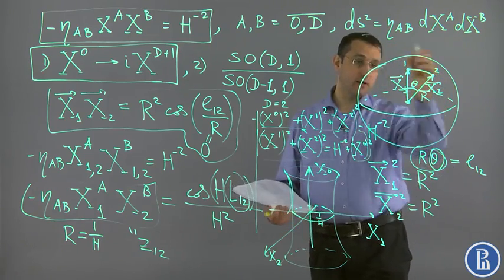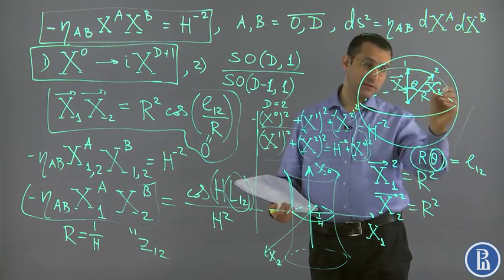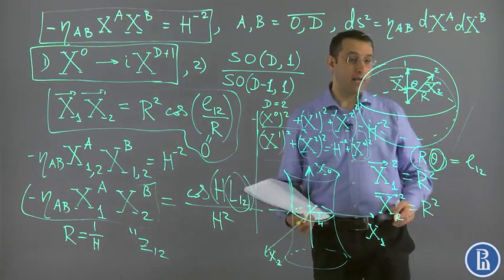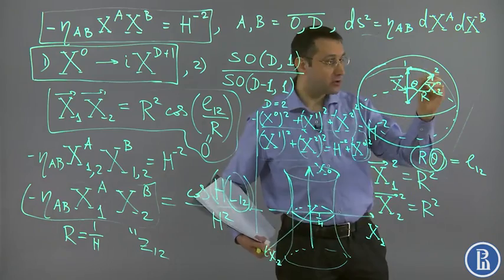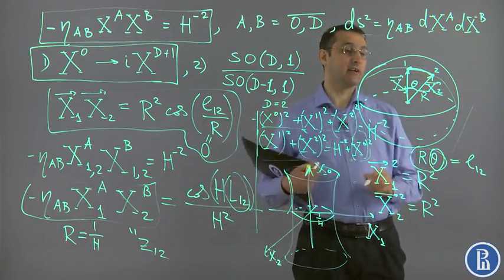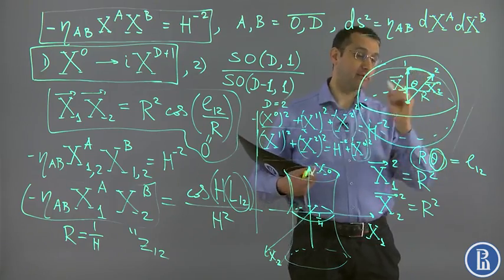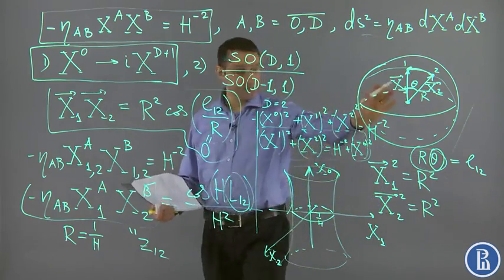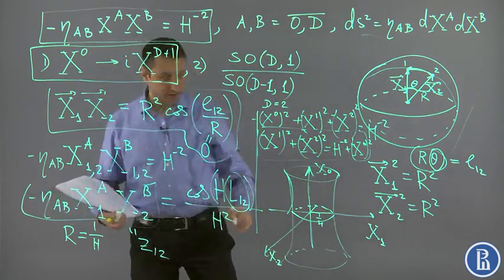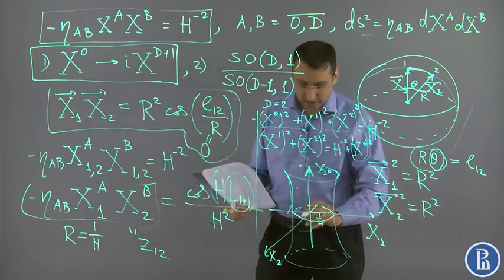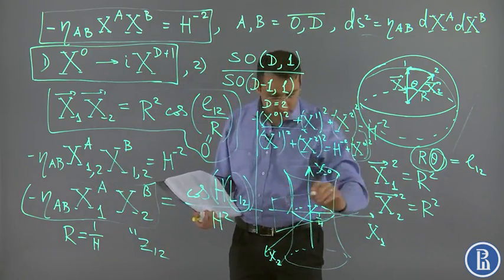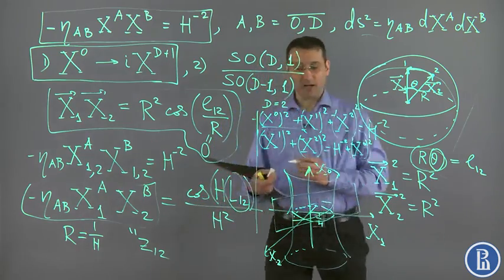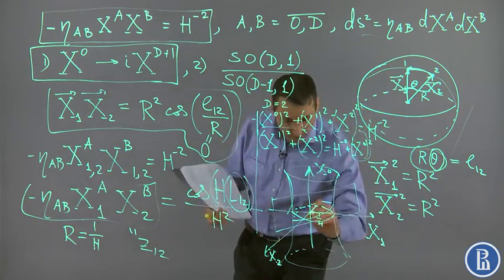It cuts out from the sphere an equator, and the segment of this equator which joins these two points is exactly the curve of minimal length joining them. So here it can be seen, also using this Wick rotation, that to obtain geodesics we just have to cut this hyperboloid by planes passing through the origin.